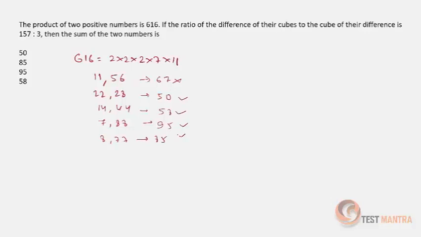So that means I cannot directly go by the options to work on the value. So let's go by the basic calculation here. According to this, suppose the values are a and b. My condition is the ratio of the difference of their cubes, a cube minus b cube, divided by a minus b whole cube, is 157:3.